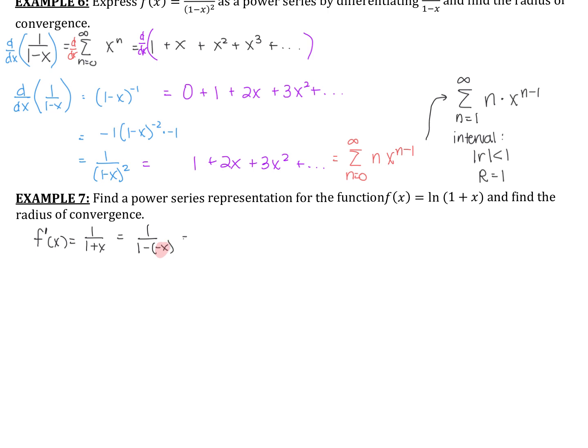And so this would be the series from 0 to infinity of r, which is negative x to the n power. Do we feel good with that?